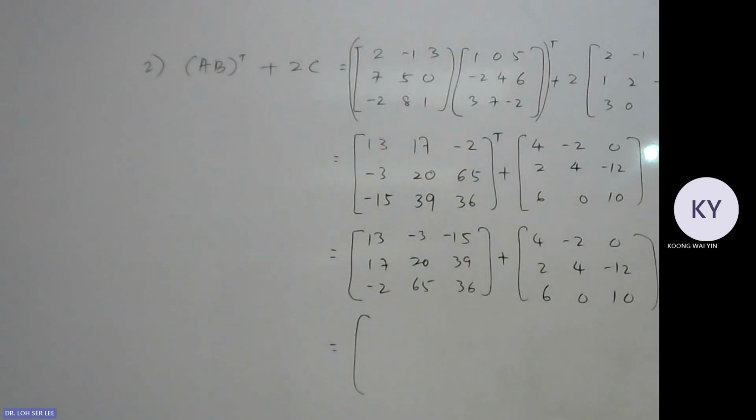For number three, verify the associative law. What is the associative law? We need three matrices. No matter whether we solve AB first or BC first, and then multiply by the other matrix, we get the same answer.